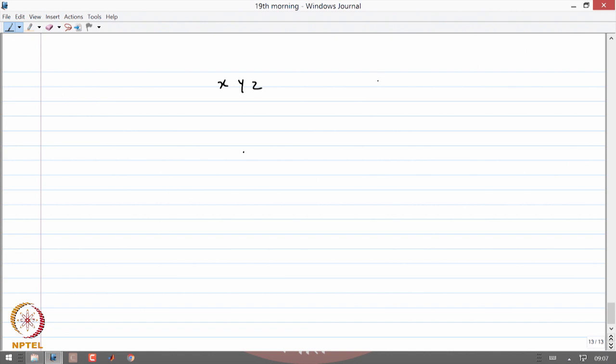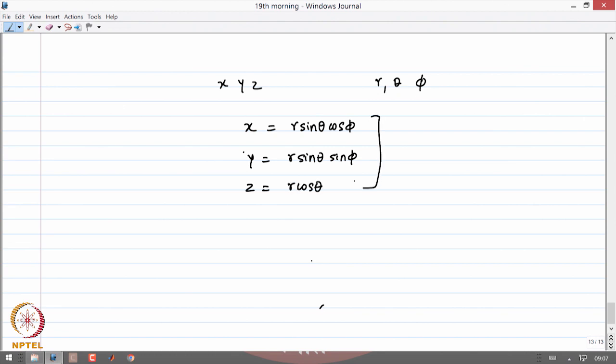For the 3 dimensional system where we have x, y, z connected by r, theta and phi, the lectures on the hydrogen atom contain some of the details with the coordinate equivalence x is equal to r sin theta cos phi, y is equal to r sin theta sin phi, and z is equal to r cos theta, and the inverse transformation that r square is equal to x square plus y square plus z square.